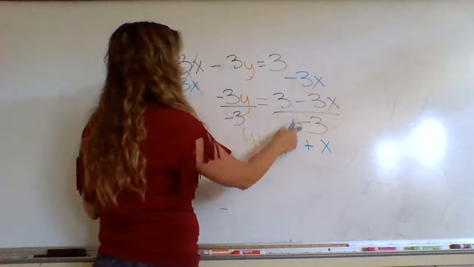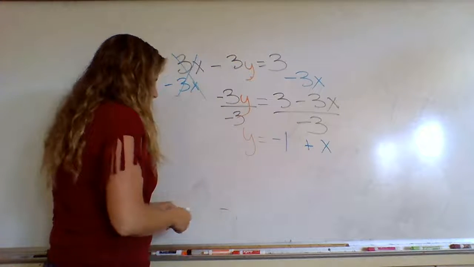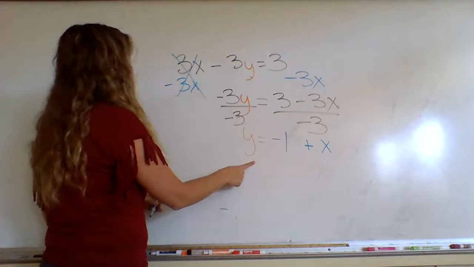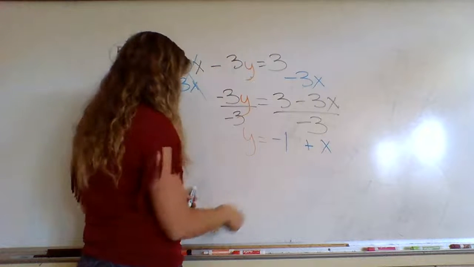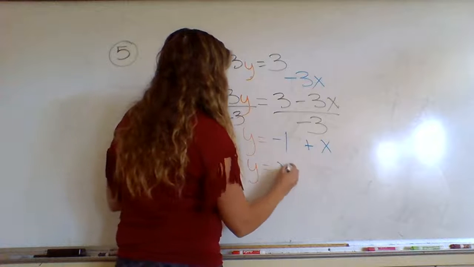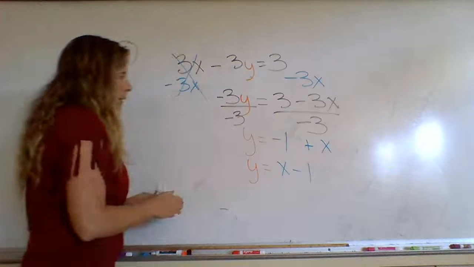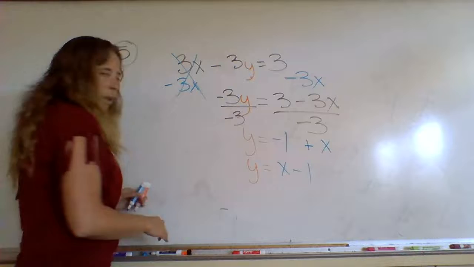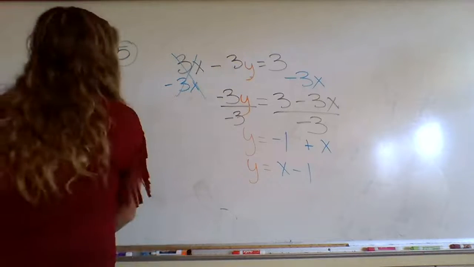Okay, your negatives are going to cancel out. And then let's rewrite this so it's in y equals mx plus b, so we just have to switch these. So y equals x minus 1. Okay. So that's the first equation. I'll leave that up there.